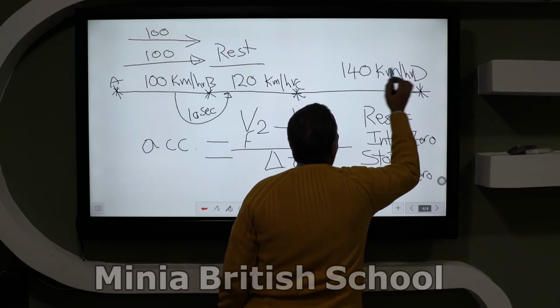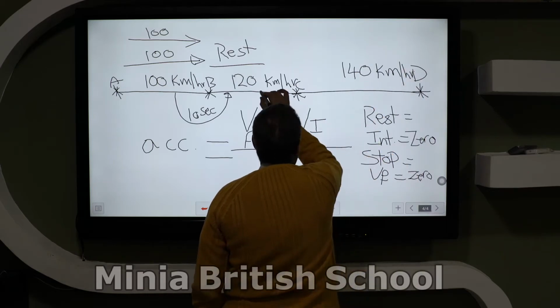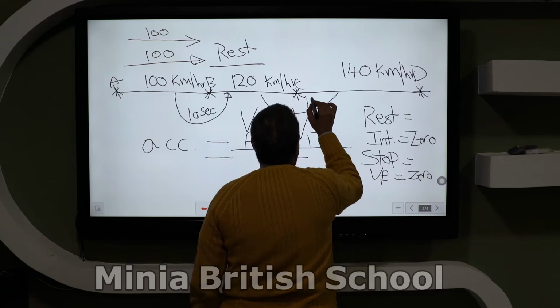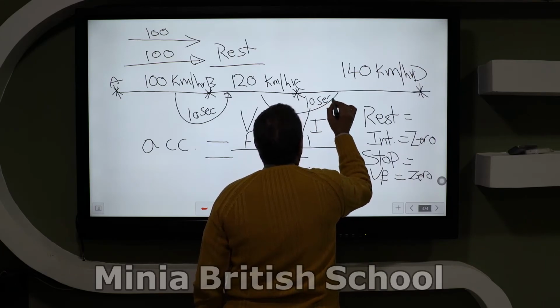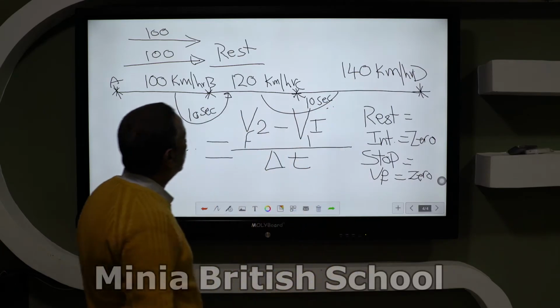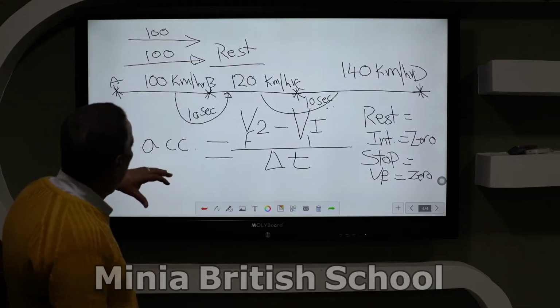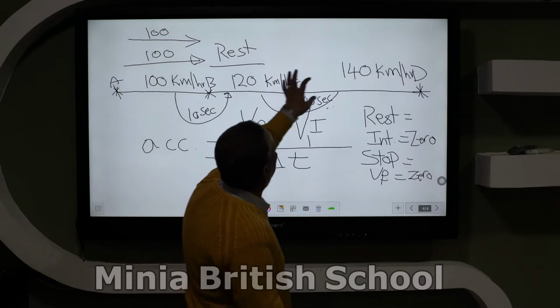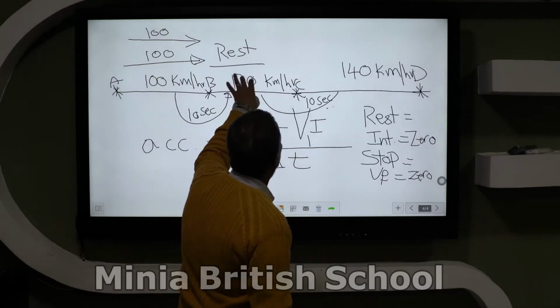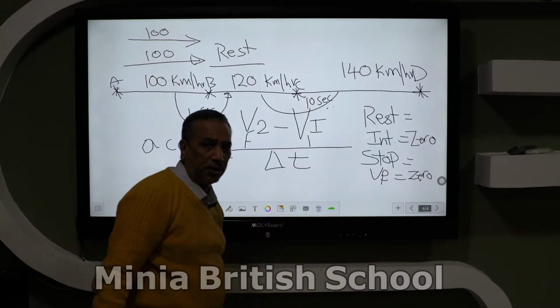This is the third speed, also within 10 seconds from here to here. That means here the rate of change of speed is constant. The car is speeding up with a constant value: 100, 120, 140.